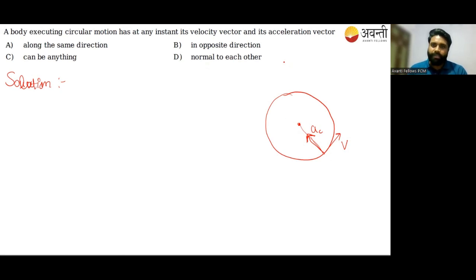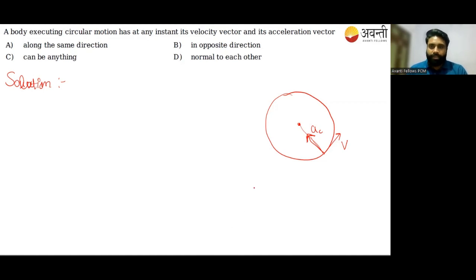Here nothing is mentioned about whether this circular motion is constant or not constant. So you have to consider all the scenarios. The big scenario that can happen is that this circular motion is not the uniform circular motion.